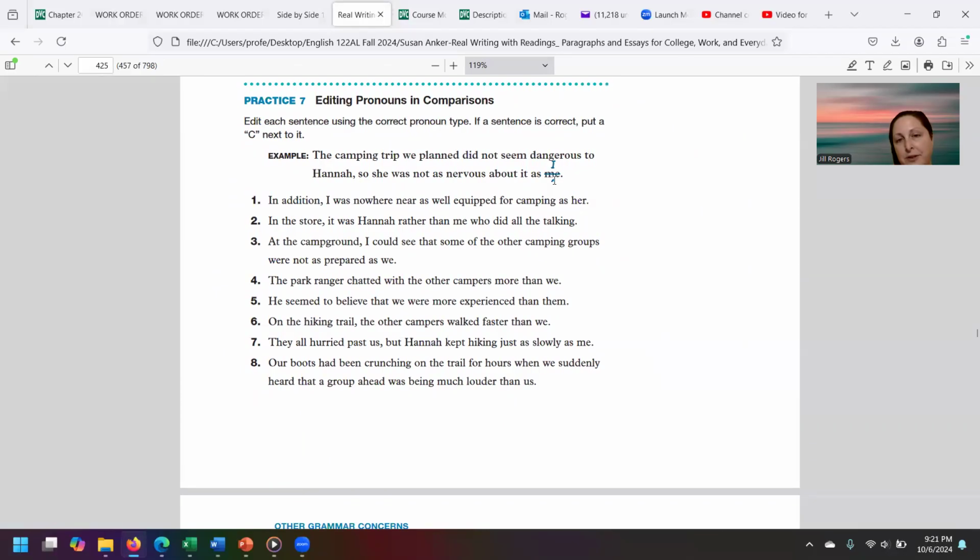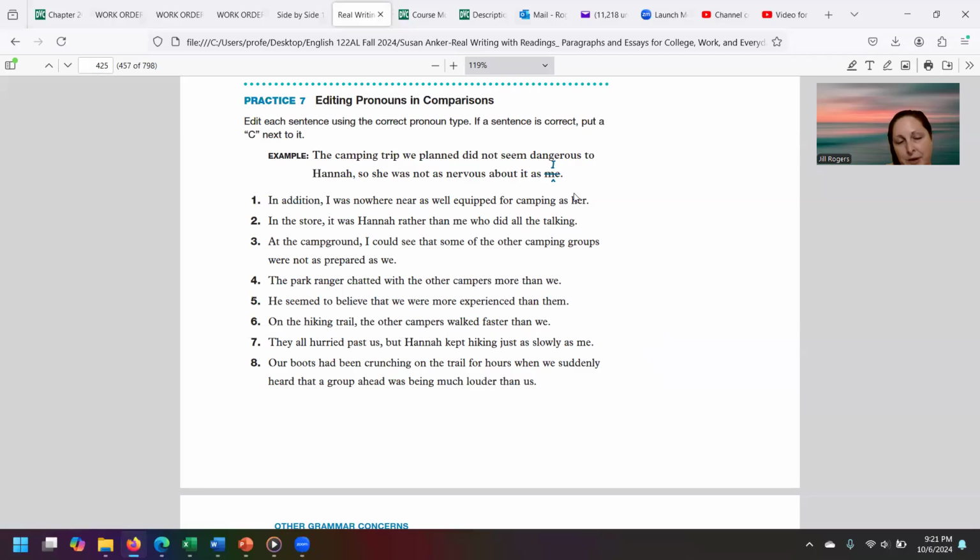So we have to be careful. It doesn't even tell you why, right? So let's take a look. She was not as nervous about it as I was nervous about it. Okay, so that's what we're comparing. We're comparing I was nervous about it, she was nervous about it, but she was not as nervous as I was. So that's why it has to be a subject pronoun.